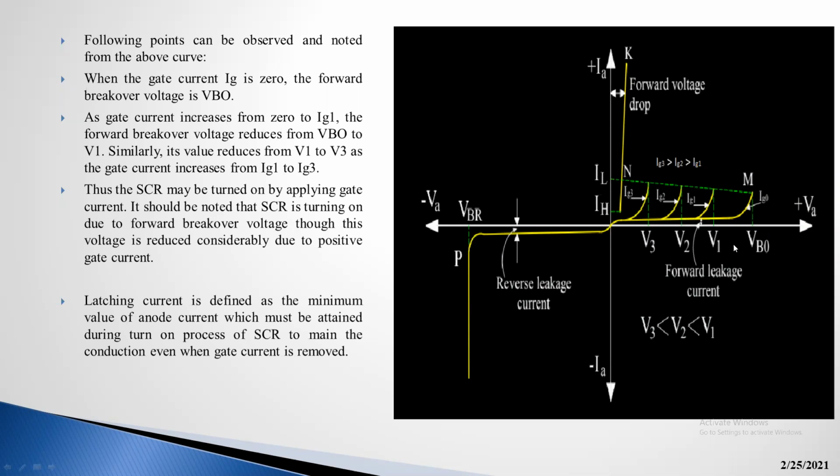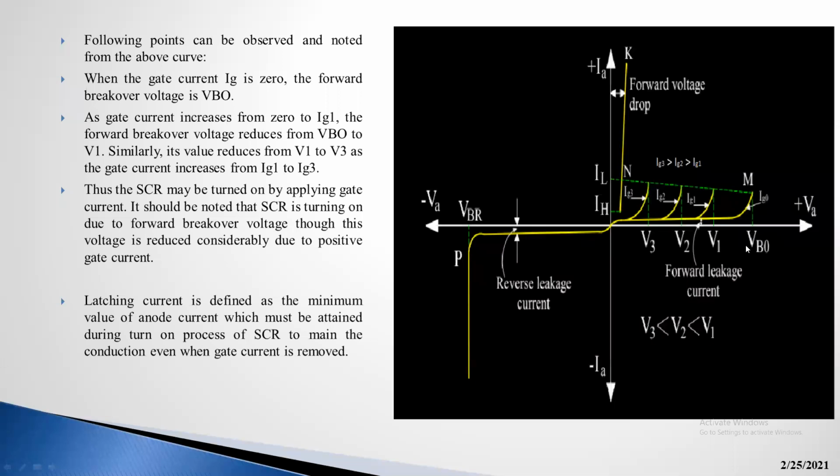VB0 to V1, V1 to V2, V2 to V3, meaning V3 is less than V2, less than V1. And Ig3 is greater than Ig2, and Ig2 is greater than Ig1.